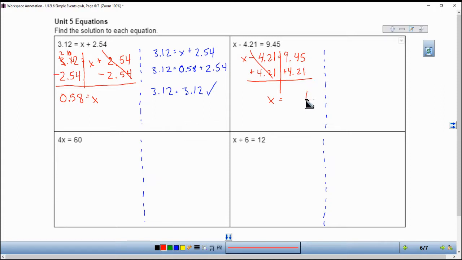5 plus 1 is 6. 4 plus 2 is also 6. Decimal point, 9 plus 4 is 13. 13 66/100. So let's check it out to make sure that that is the right answer. x minus 4 21/100 equals 9 45/100.